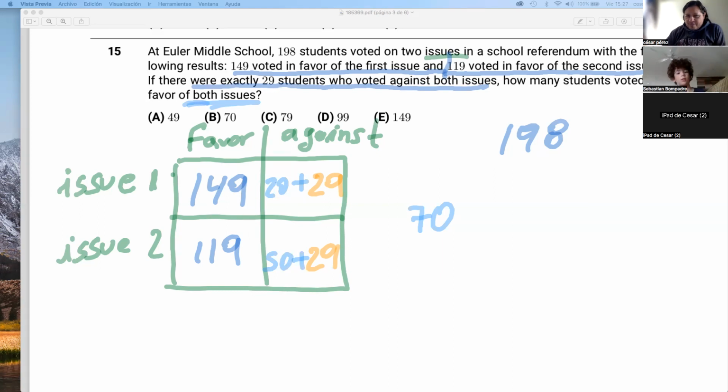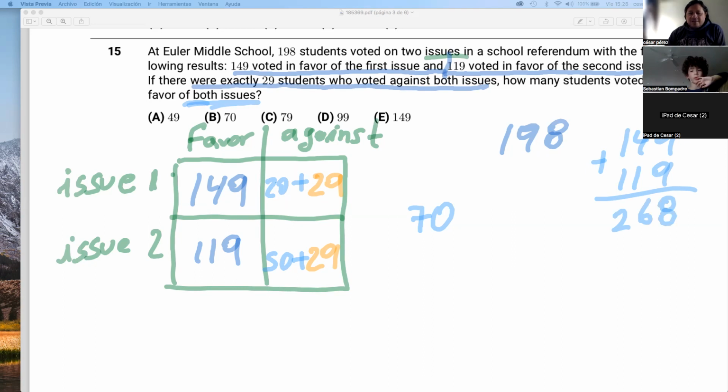So we have 149 and 119 votes in favor of both issues. It will give us 268. Okay. Of those 268, we will have, let me see.